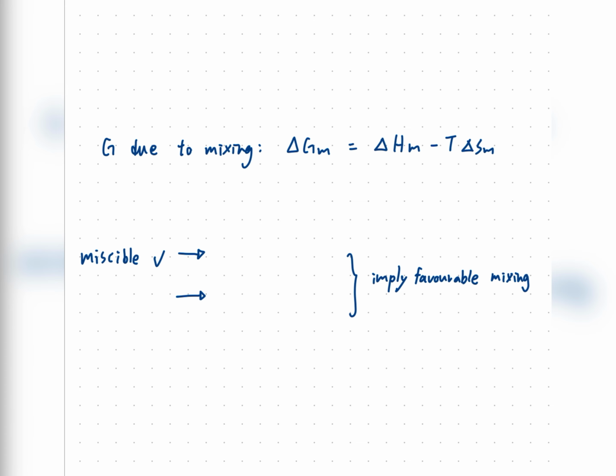First, delta Gm must be smaller than 0, and secondly, the second order partial derivative of G with respect to phi at a fixed temperature and pressure is greater than 0, where phi refers to the volume fraction of a component. This suggests favorable mixing of the polymers.